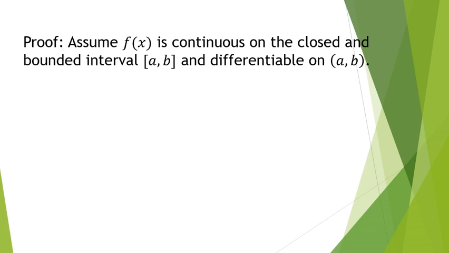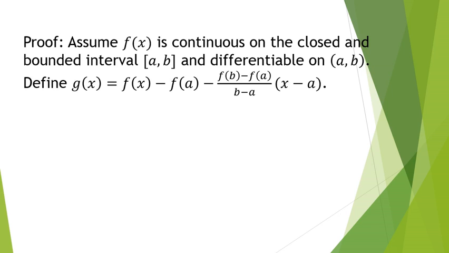So I'm going to define this new function g of x. I'm going to call it f of x minus f of a minus (f of b minus f of a) over (b minus a), that whole big constant, times the quantity x minus a.